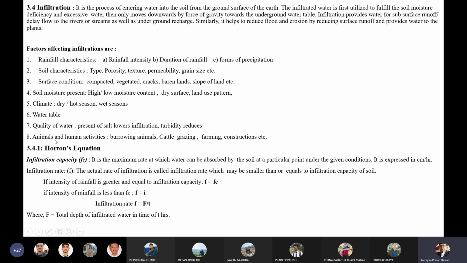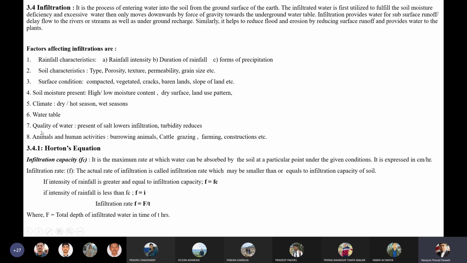Now animal and human activities. Burrowing animals such as ants, rats, rabbits, etc. do their activities for searching food and other purposes, and they burrow holes into the ground.